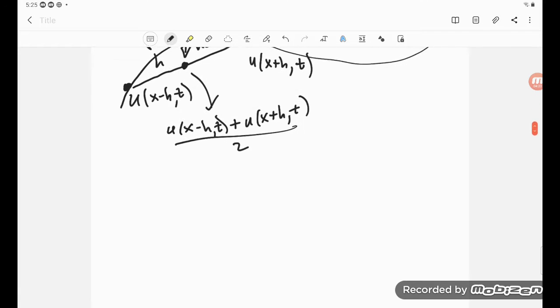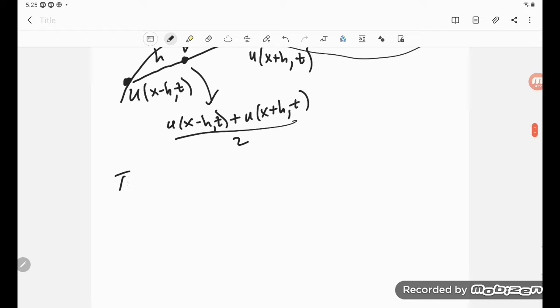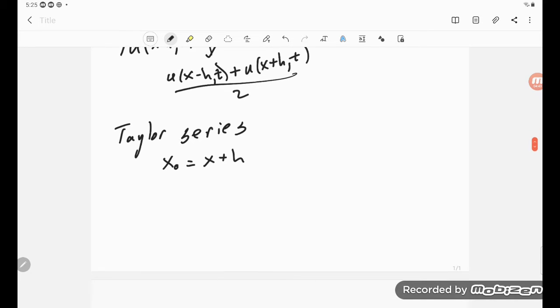Okay, so let's look at Taylor series to see this a little better. Now I'm going to drop the t here at first and just look at one dimension. And suppose I want to look at some x0, which is x plus h. Okay, so I'm looking up to the right of things.